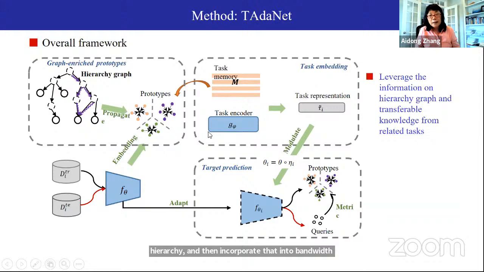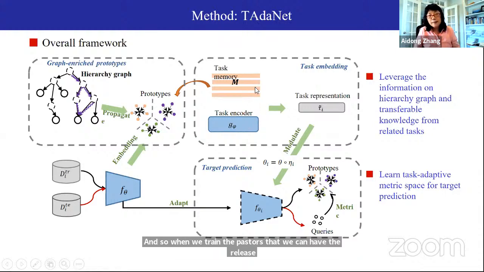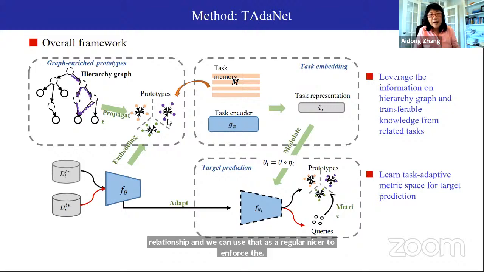When we train the tasks, we can use the relationship as a regularizer to enforce the relationship between tasks, and then we can perform better in prediction.